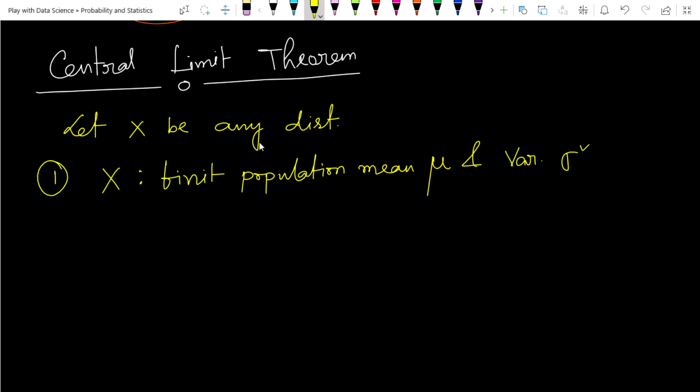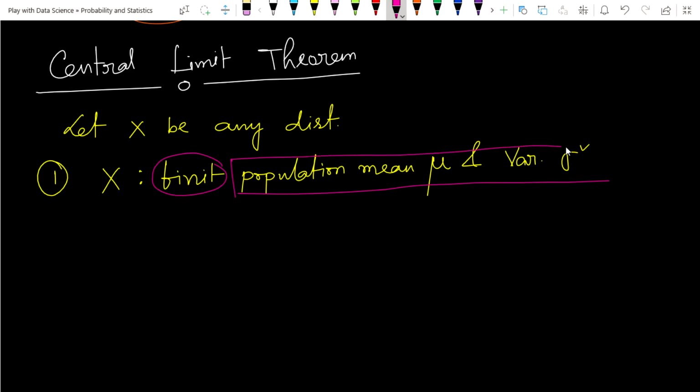It must be finite: its population mean and its population variance must be finite. This is the first condition that we have to check.